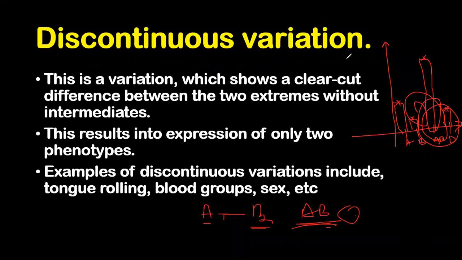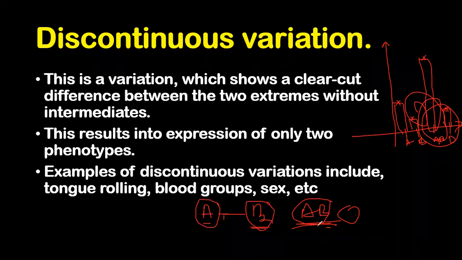In the chat box, somebody is saying, teacher, A plus B, it's AB. Not so? Yes, it is AB. But I mean, you cannot find a person who is between. This is a blood group on its own, this is a blood group on its own, and this is a blood group on its own.